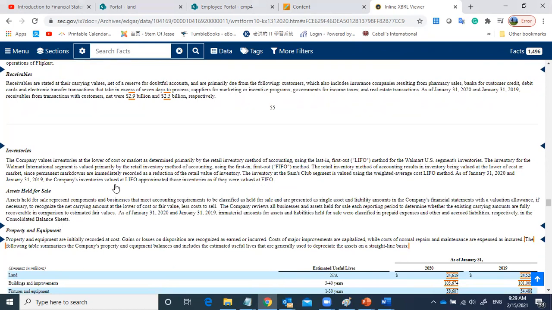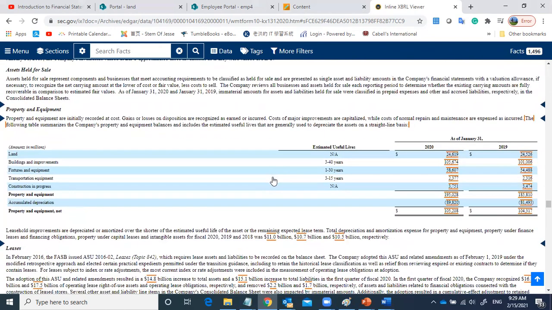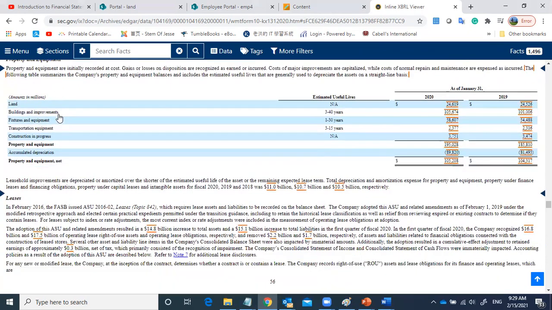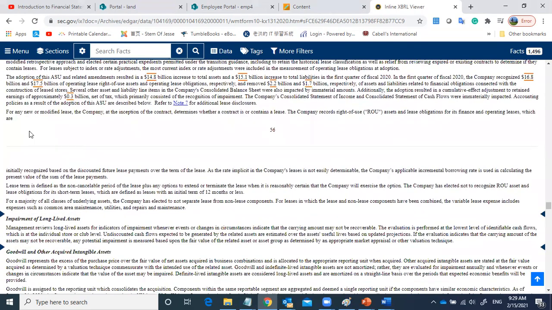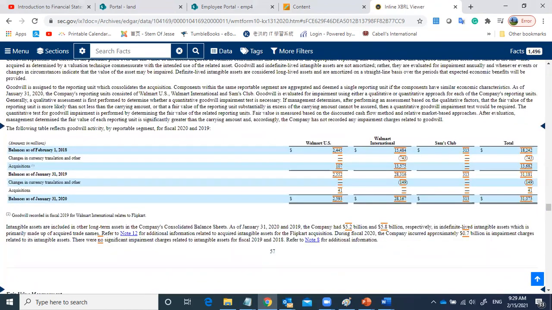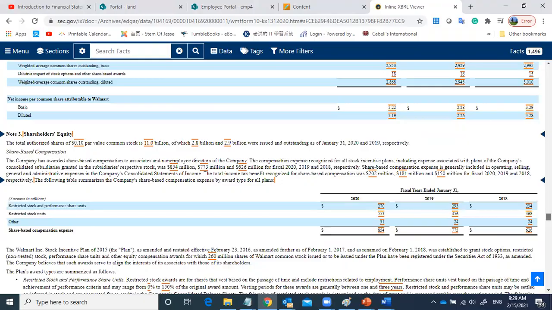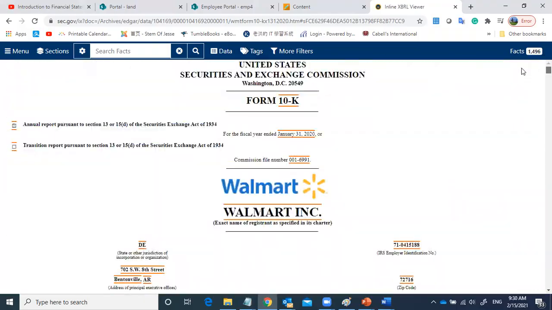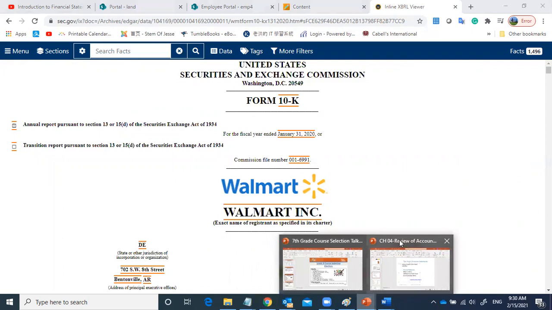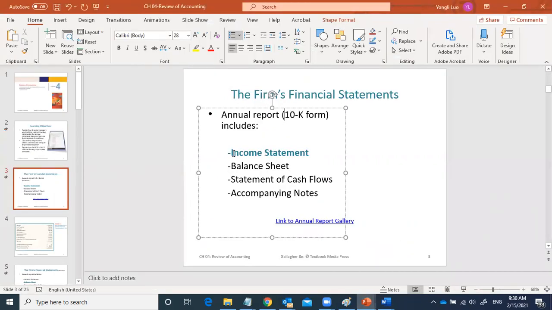What methods did they use, LIFO or FIFO? Also, how they do property, depreciation, and equipment. Is there any lease agreement? So basically this is a 10K form, including the income statement, balance sheet, and statement of cash flow.